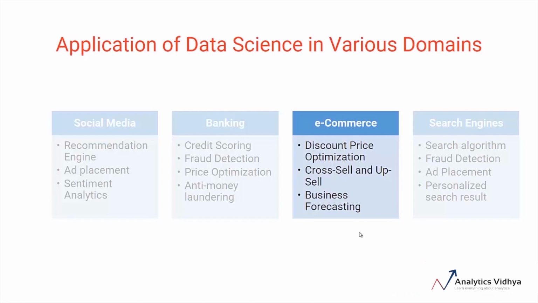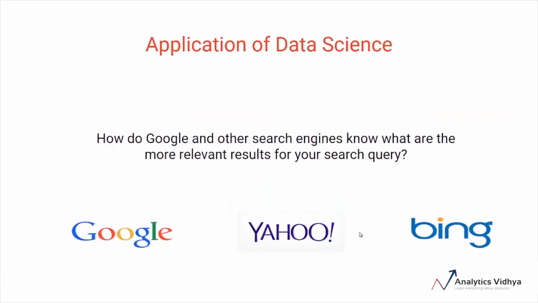Now, I'm pretty sure you're getting a hang of the impact data science is creating in our day-to-day life. Let us look at another domain, this time search engines. So, how do you think Google or Bing is able to serve you the best results on your search query from billions and billions of web pages out there? And they take just a few milliseconds to serve those results.